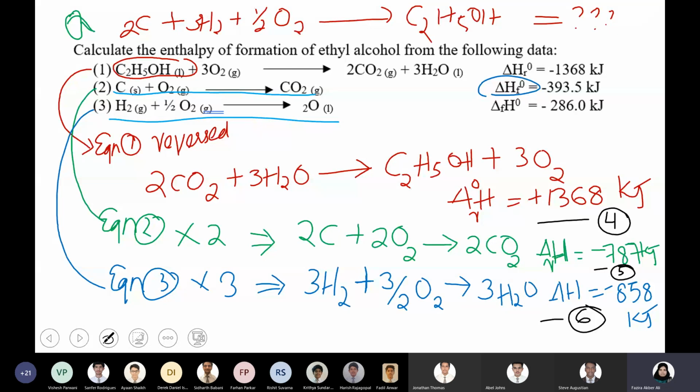If the same term is repeating on both sides, you can cancel. Finally, you will get the equation for formation of ethanol after cancelling the repeating terms. Similarly, add all these values of enthalpies also, and what you will be getting is negative 277 kilojoule.